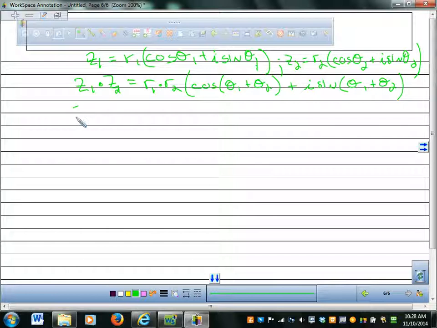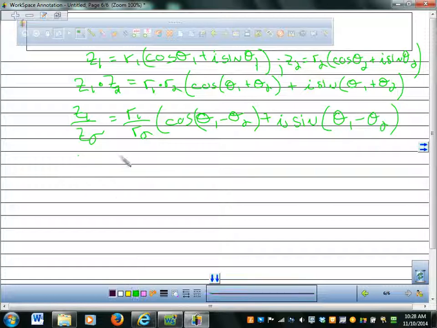And with division, z1 divided by z2 is equal to r1 divided by r2 times cosine of theta 1 minus theta 2. Here's a really quick example.